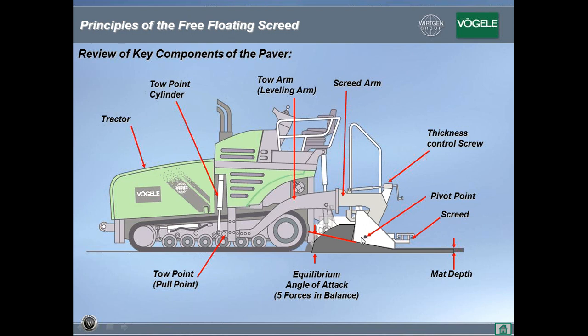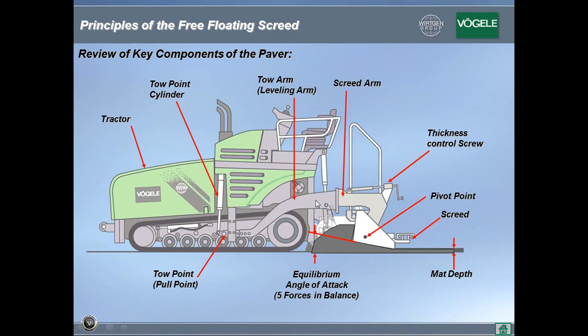The pivot point is the point at which the screed rotates as one turns the thickness control screws. Turning the screws clockwise in some cases, counterclockwise in others, will allow the screed to rotate to increase or decrease the equilibrium angle of attack. And we'll come back to that.